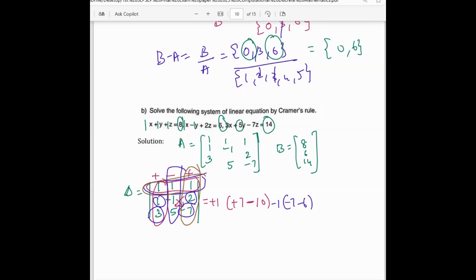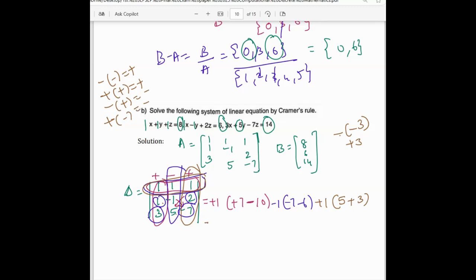So you take that row and that column, that will be plus 1 into, so here it will be 1 into 5 is 5, minus of minus becomes plus, then 3 into minus 1 is 3. So here it is minus of minus 3. Certainly minus into minus becomes plus 3. Okay, so you need to remember this: minus into minus is plus, plus into plus is plus, minus into plus is minus, plus into minus is minus.